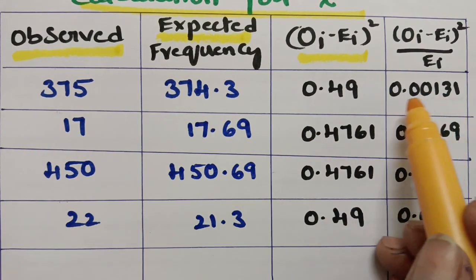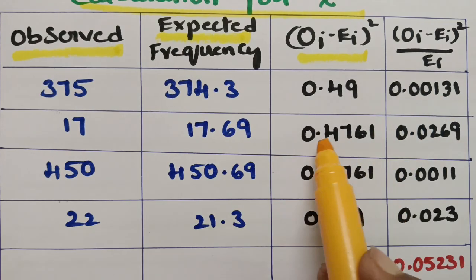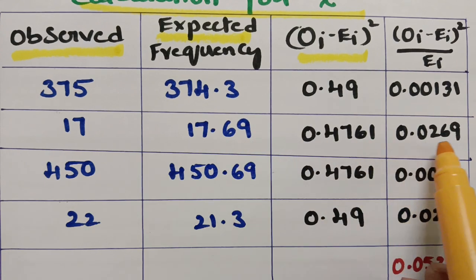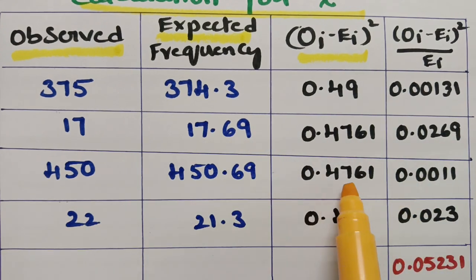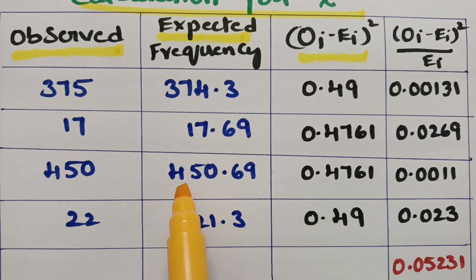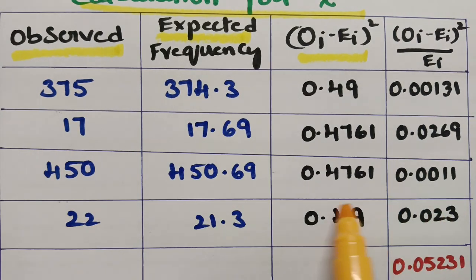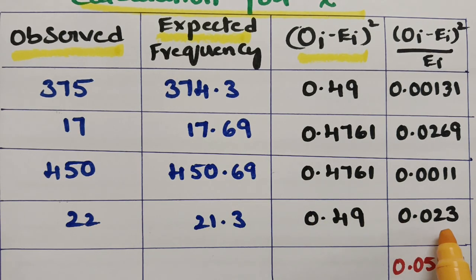And here this column is so important, that is 0.49 divided by expected value, that is 374.3. The value here is 0.00131, and 0.4761 divided by 17.69 is 0.0269, and 0.4761 divided by 450.69, the value here is 0.0011, and 0.49 divided by 21.3, the value here is 0.023.